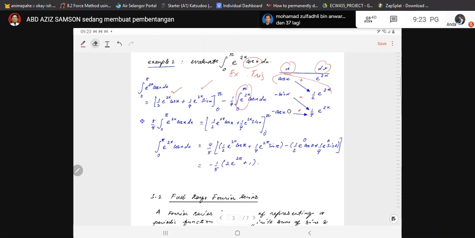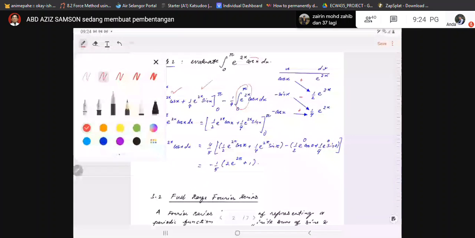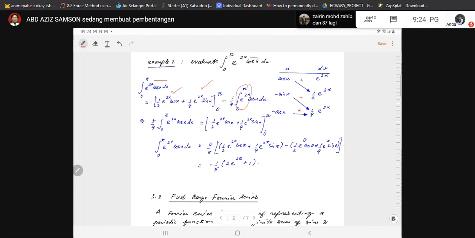What happened in this particular case is that, see, when you have the integrals there, it's being repeated, e to the 2x and then e to the 2x cos x. It will be the same thing, isn't it? So you bring this to the other side.